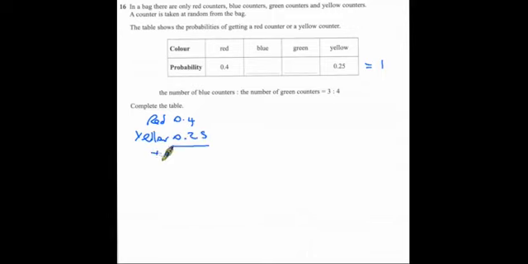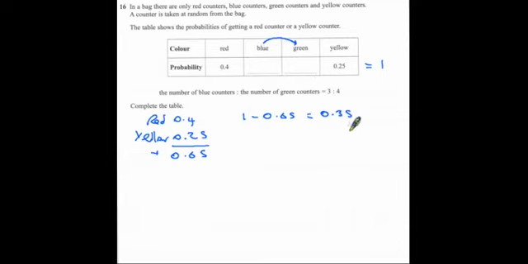So if we add those together, we get 0.65. So that's the total probability of a red and a yellow. Bearing in mind the total probability is 1, if we then take the 0.65 away from 1, we end up with 0.35. So 0.35 is the total probability of getting a blue or a green.